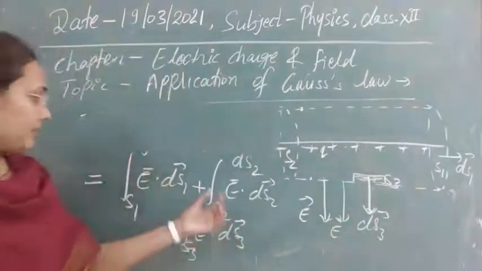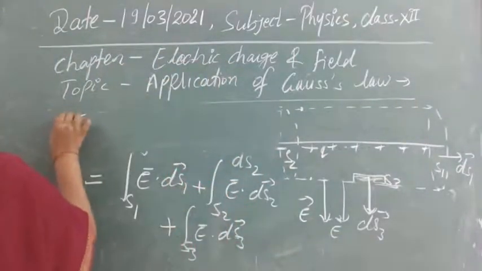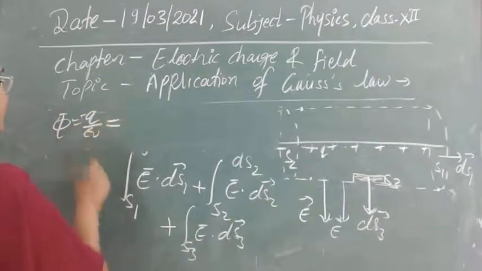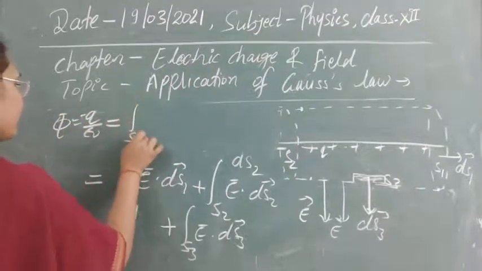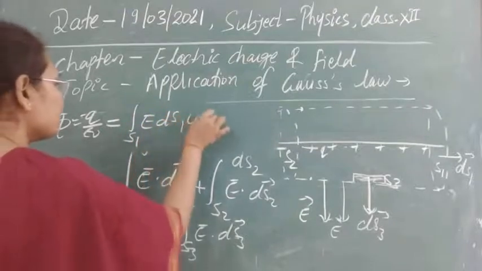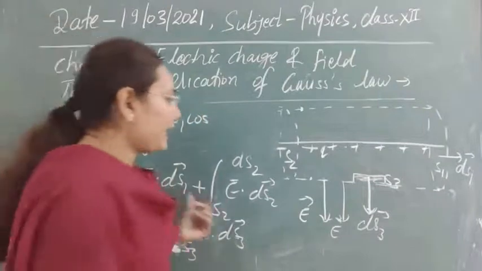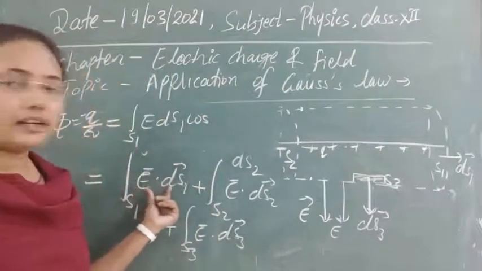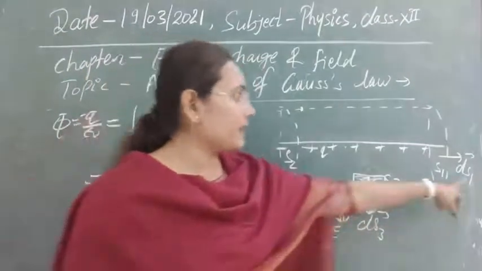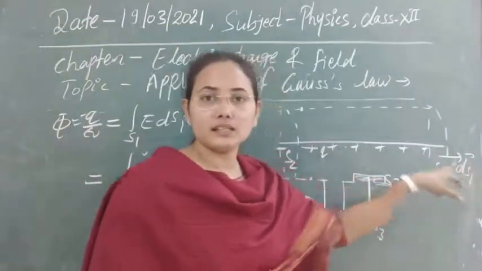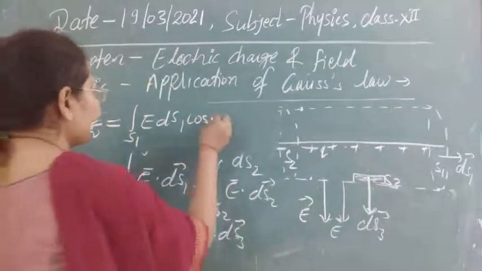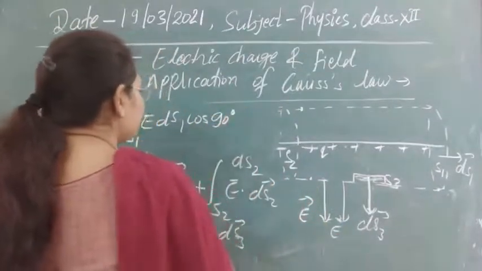Now let's expand it. First, phi is equal to q by epsilon 0, and this is equal to, here this is S1, and we can write E ds1 cos theta. Now let's see the angle between vector E and area vector ds1. Vector E is in this direction, area vector ds1 is in this direction. Clearly it is a 90-degree angle, so we write cos 90 degree.